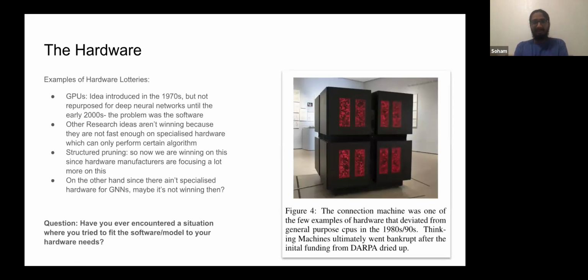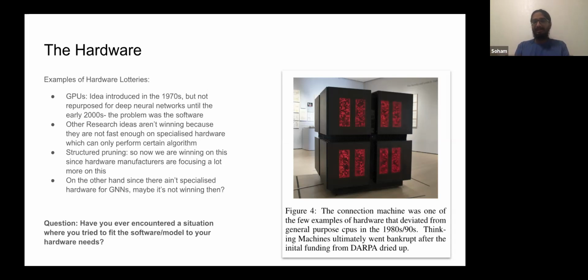For instance, GPUs. The idea of GPUs was actually introduced in the 1970s, but no one would use them for neural networks, simply because CPUs kept getting faster and faster, and it did not make sense to use GPUs at all.